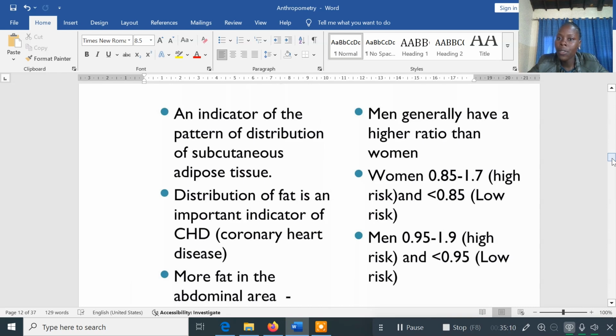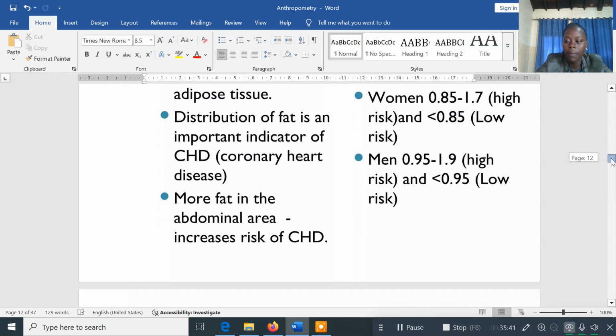When you take that ratio, 32 by 34, you'll find that they have 0.9. Okay? So they have a higher waist hip ratio than the ladies. The bigger the hip circumference, the smaller the ratio, but the smaller the hip circumference, the higher the ratio. So that is the reason why men have a higher ratio than women.